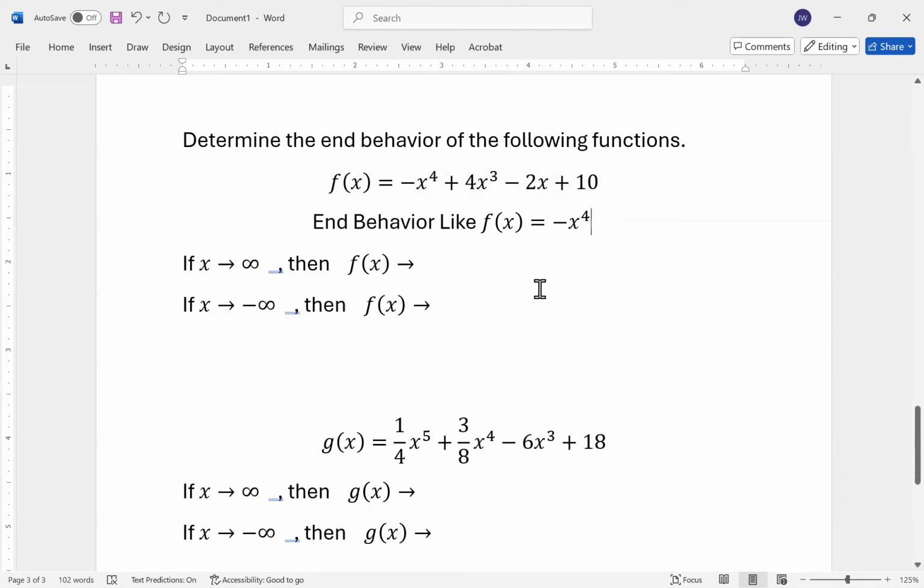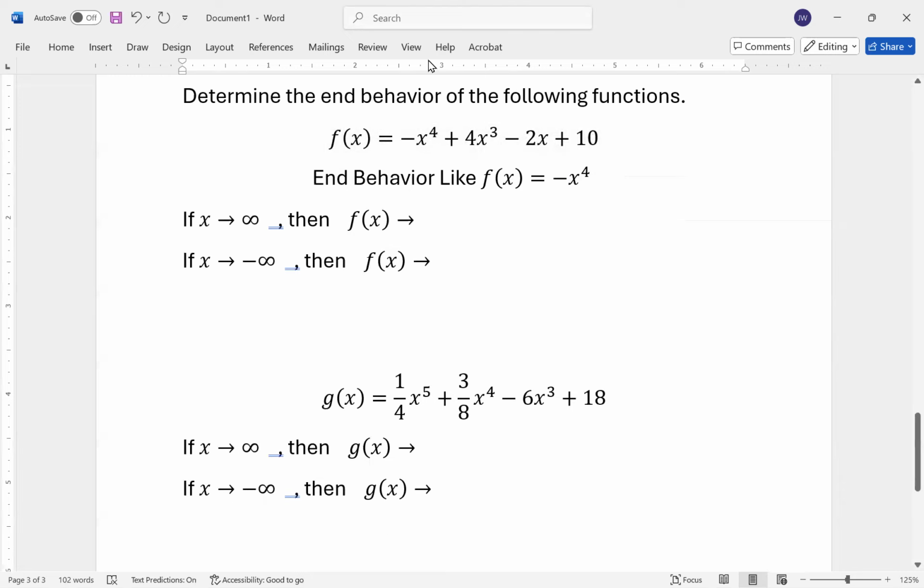And we know that that's going to have end behavior, because it's an even power, both sides are pointing in the same direction. Because it has a negative coefficient, both sides are pointing down. So as x moves towards positive infinity, my function is going down.